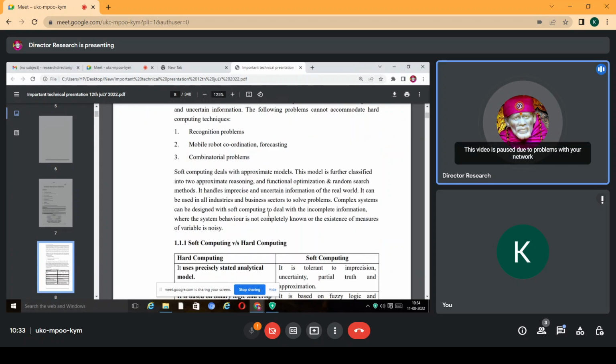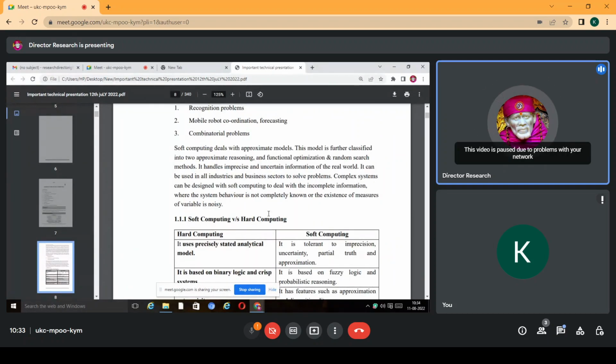Soft computing deals with approximate models. This model is further classified into two: approximate reasoning and functional approximation, and random search methods. It handles imprecise and uncertain information of the real world.